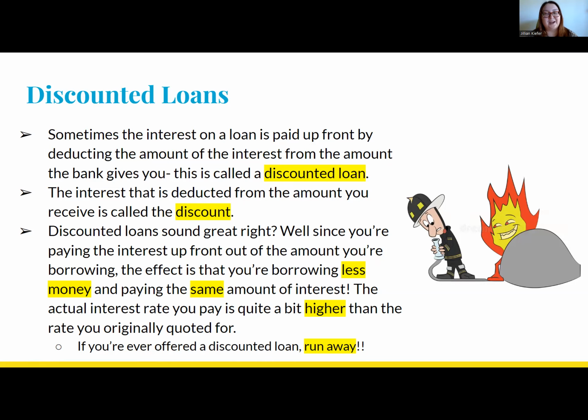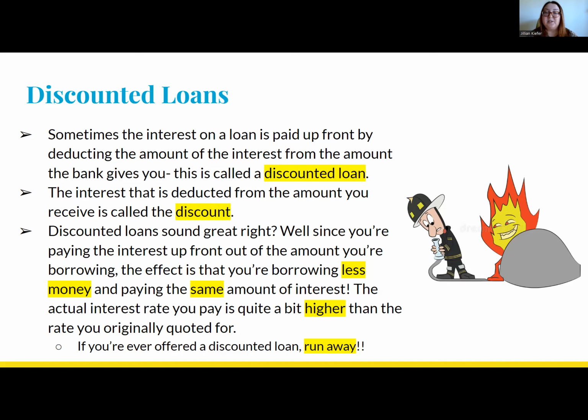But it's not quite. Since you're paying the interest up front out of the amount that you're borrowing, the effect is that you're really borrowing less money and you're paying the same amount of interest. So you're borrowing less money from the get-go with the same amount of interest on two different amounts: the higher amount, the original, and the lower amount that you actually borrowed.